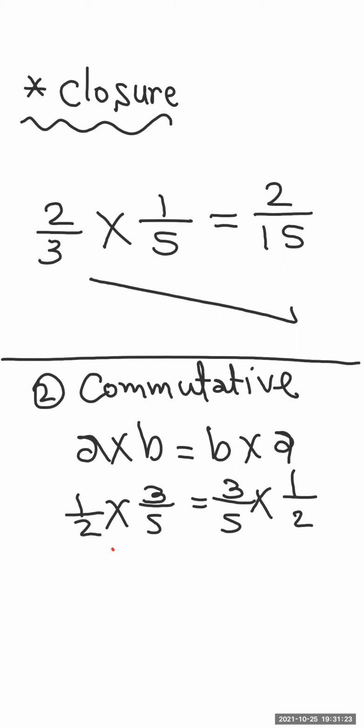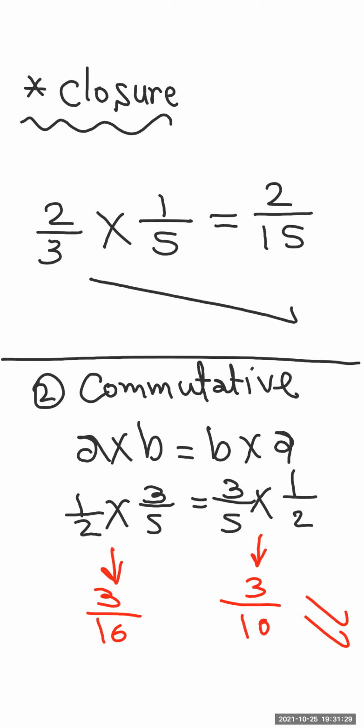The same result here, 3/10. Here also 3/10. That was the commutative property. Okay? Okay. The third one, it's the associative property.